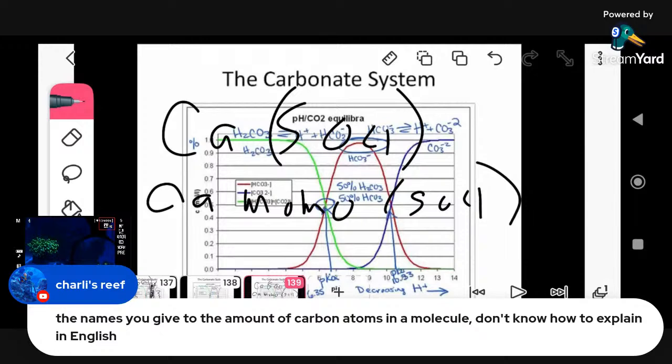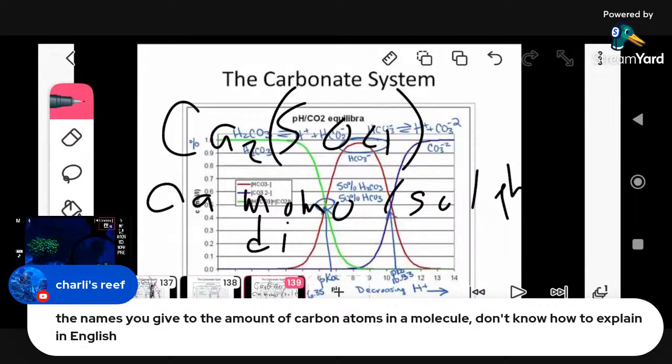Sulfate, right? I don't know how to spell sulfate. So calcium monosulfate, that's when it has a 1. But now let's say it has a 2. Instead of mono it'll be di.